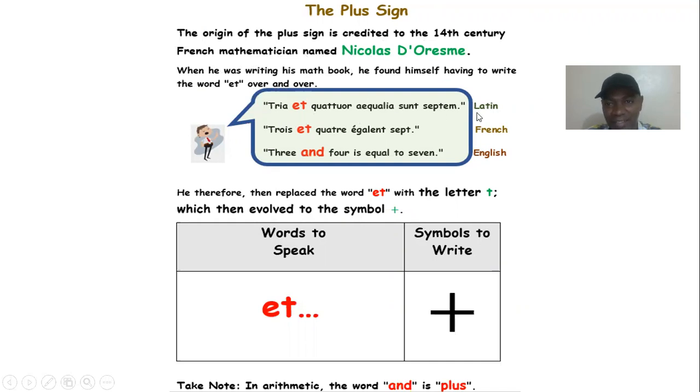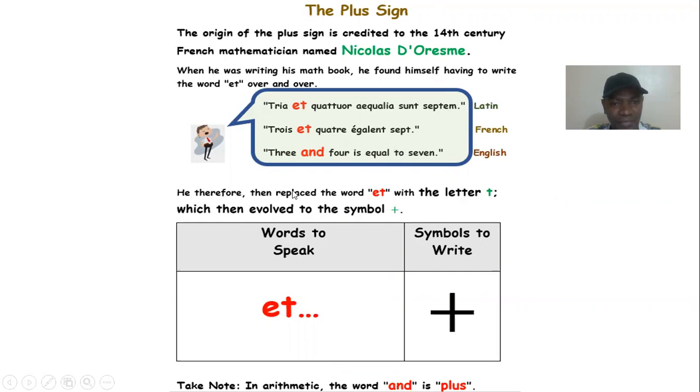For example, in Latin, you can see tria et quatuor equals septem. In French, trois et quatre égale sept. In English, 3 and 4 is equal to 7. So in Latin and French, the word for and is et.